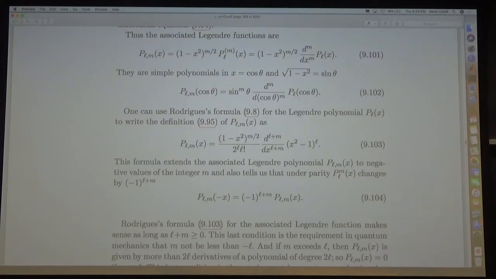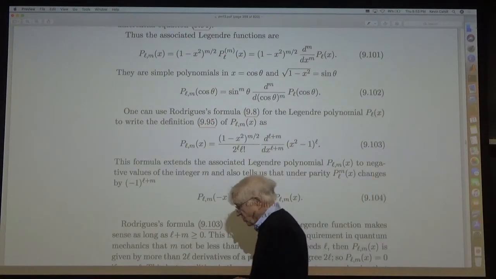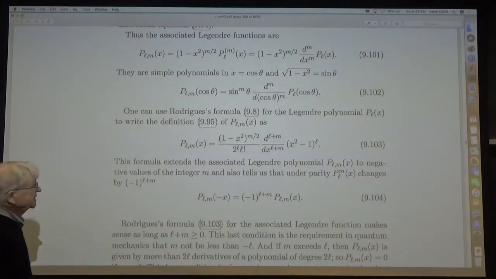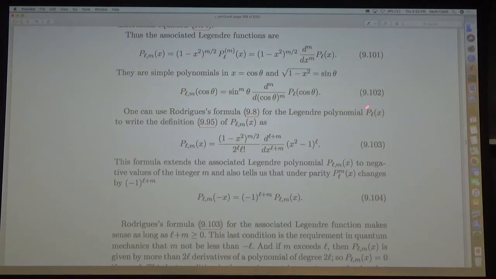And now if we use Rodrigues's formula for the Legendre polynomials, then we can write the earlier definition of the associated Legendre polynomial in this way.